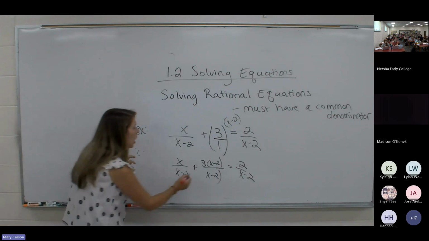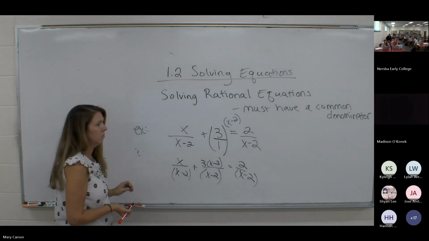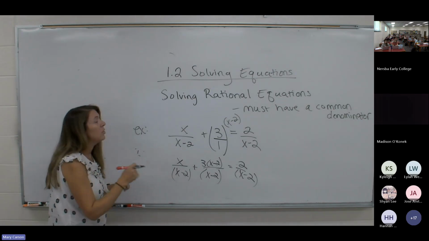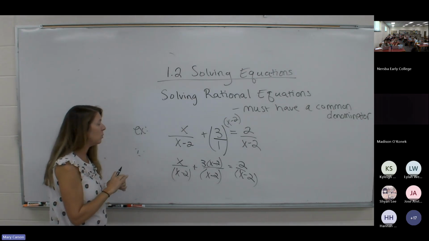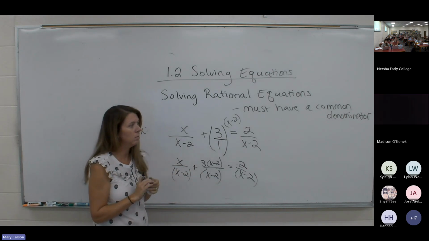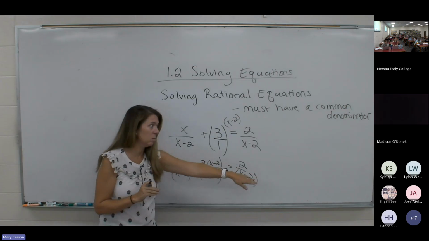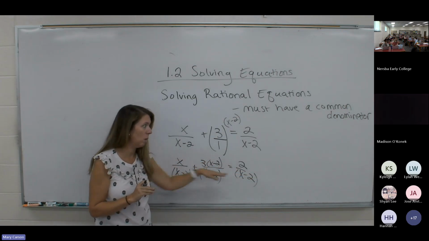So now notice, what do I have here on the bottom? x minus 2 all the way across. The nice thing about rational equations is when you get a common denominator, guess what happens to the denominators? If you have an equal sign here, they all cancel out and it becomes a linear equation. That's why we do all this.